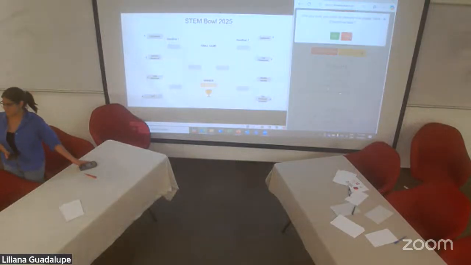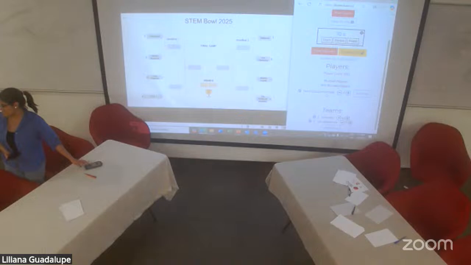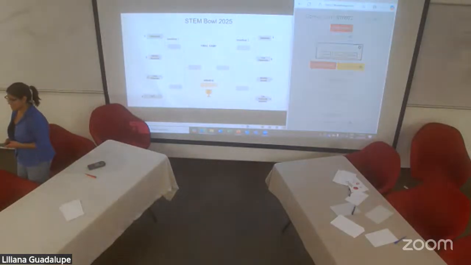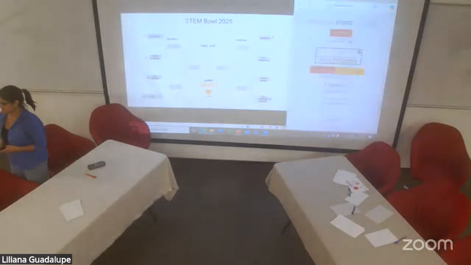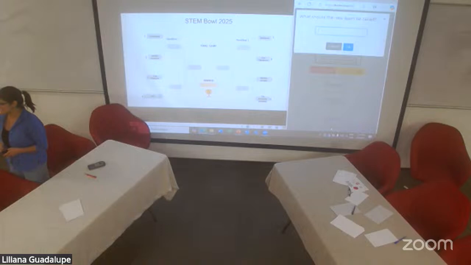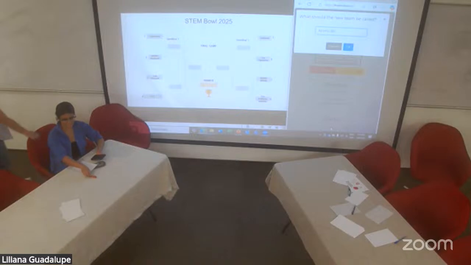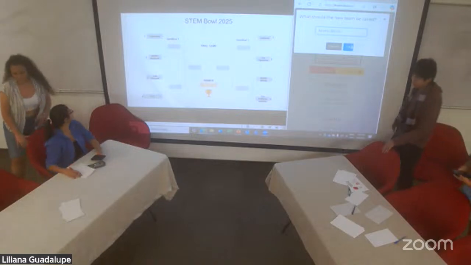If anyone wants to exchange your yellow ticket, you can do it right now. If anyone needs to leave. So come on, guys. Which one is it? Atomic bonds versus the antibody bodies.